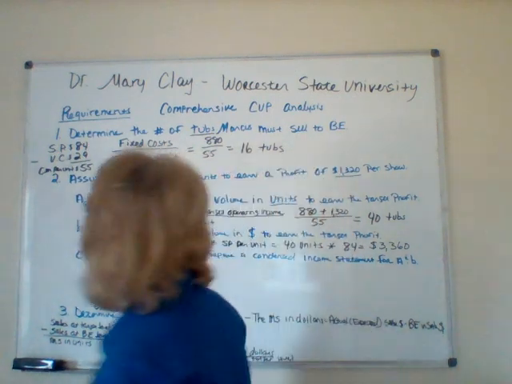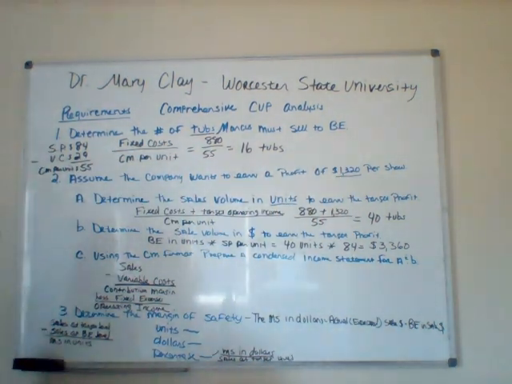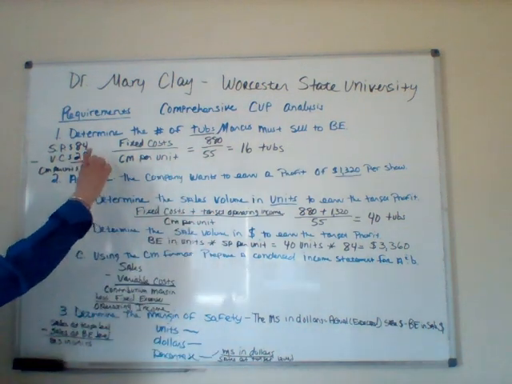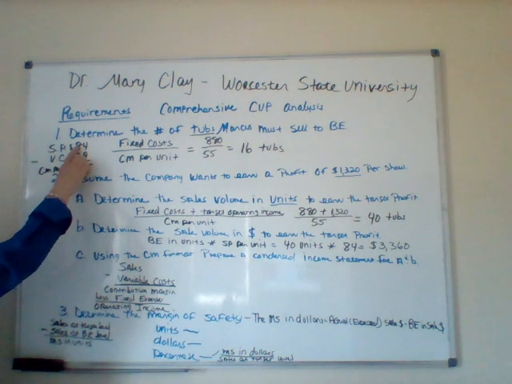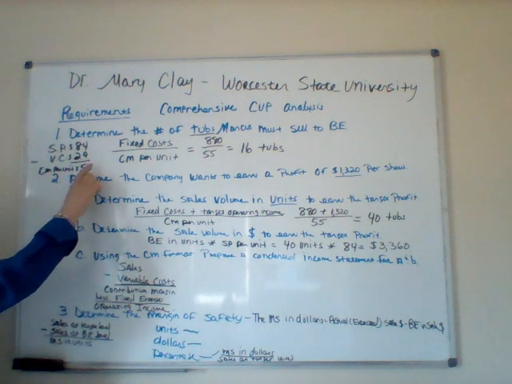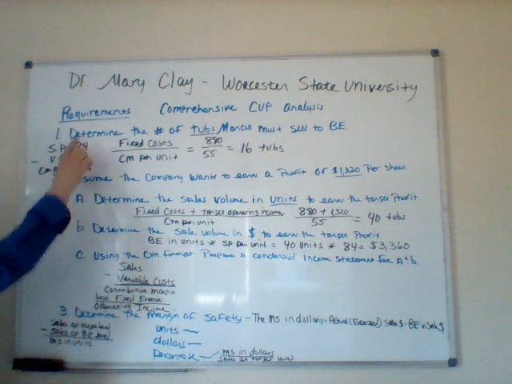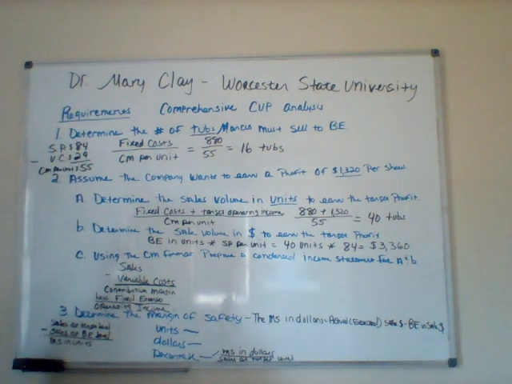Okay, so let's look at the board. I've already started this problem, and over here is how you will figure the contribution margin per unit. You're going to take the selling price per unit minus your variable cost per unit, and that will give you your contribution margin per unit. The first question is asking, determine the number of tubs Marcus must sell to break even.